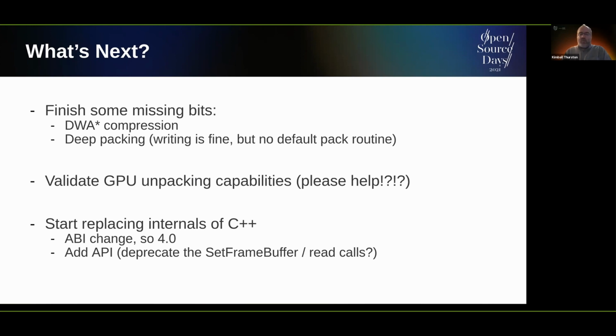And then we will be adding API to the classes at least, and we haven't yet decided whether we'll deprecate that pair of set frame buffer and read pixels or not. But at the very least, we'll add API where you can do that in one step, and get at the data in an atomic fashion, such that you can avoid the thread issue that I talked about.